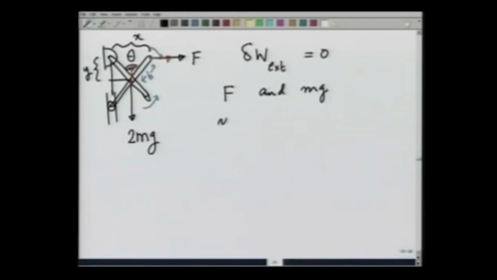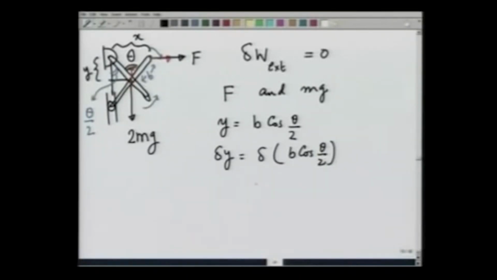Then you see that y is equal to b, this angle is going to be theta by 2. So, y is b cosine of theta by 2. If I change theta slightly, delta y is going to be delta of b cosine of theta by 2, and that is going to be b over 2 sine of theta by 2 delta theta. This is the virtual displacement of the center point if I change angle to theta plus delta theta.